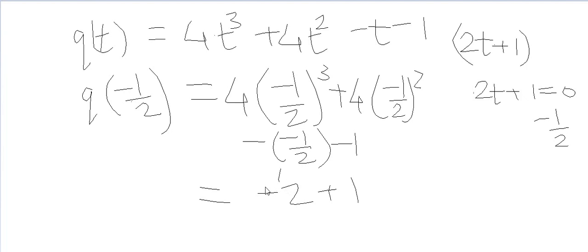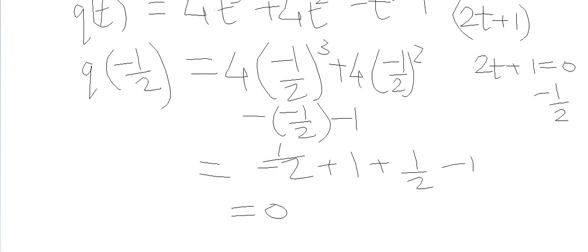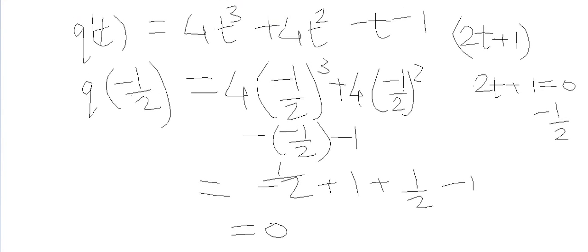This would give us minus half plus 1 plus 1 by 2 minus 1, which is equal to 0. So q(minus half) is equal to 0. That is, the remainder when q(t) is divided by 2t plus 1 is 0. Hence, we have shown that 2t plus 1 divides q(t). That is, q(t) is a multiple of 2t plus 1.